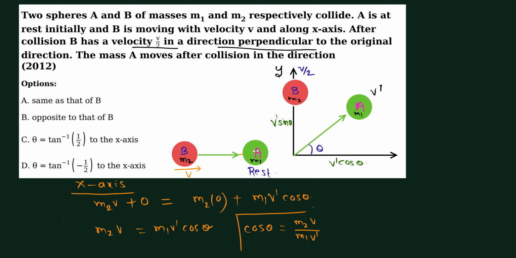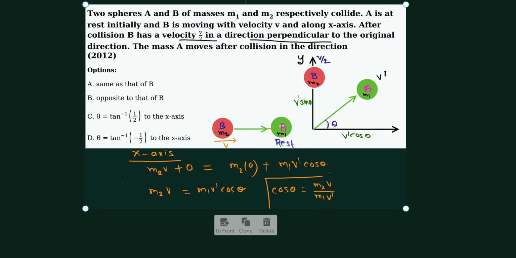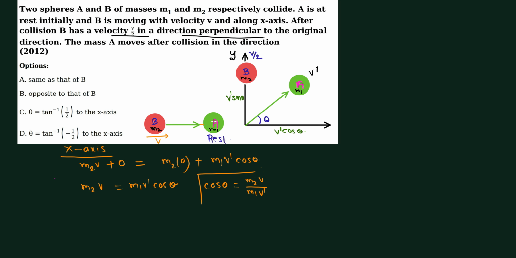Similarly, you find the conservation of momentum along the y-axis direction. Along the x-axis direction, we already got cos theta equal to m2v by m1 v dash. Now you see along the y-axis, before collision, both balls are moving in the x direction.